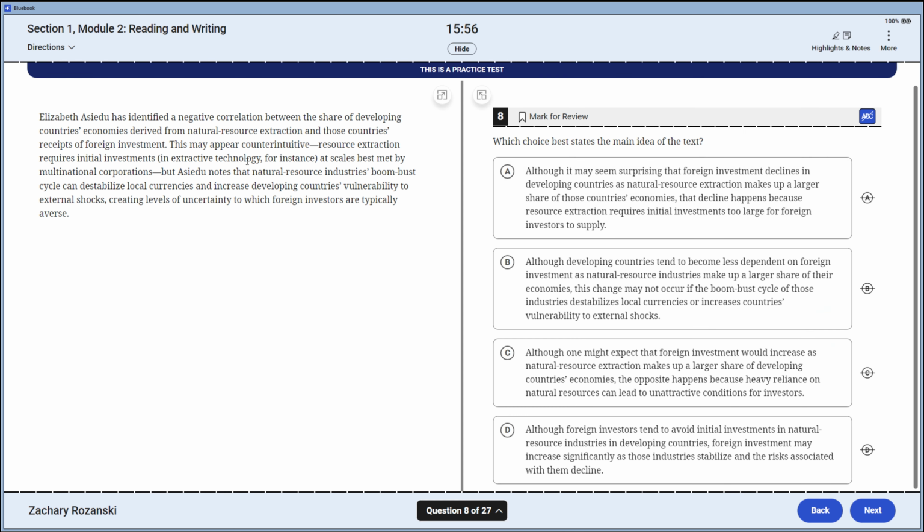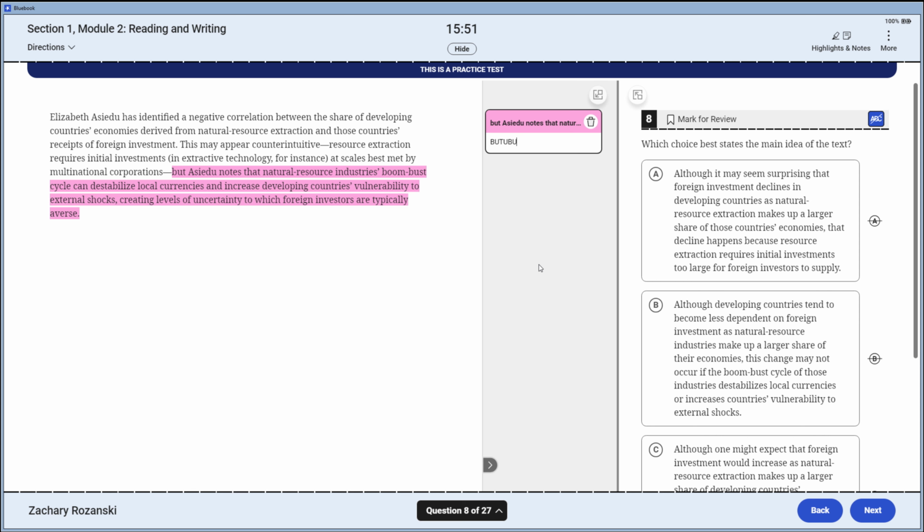Gorgeous. What's the main idea of the text? Oof. Let's summarize this final chunk. He notes that the boom-bust cycle in natural resource industries hurts local currencies and increases developing countries' vulnerability, makes them more vulnerable to shocks, which makes for uncertainty that investors do not like.